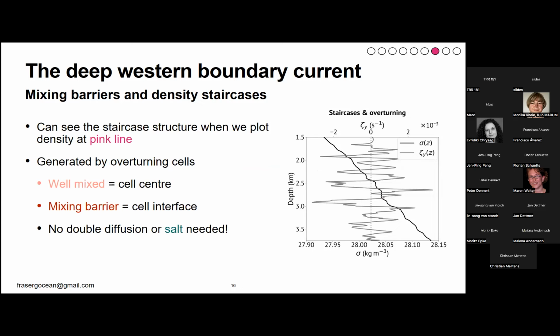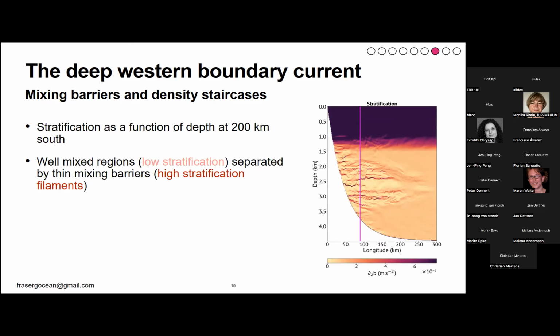And so this plot here shows, in grey, the meridional overturning stream function, and in black, the density, both plotted as a function of depth along this pink line here.